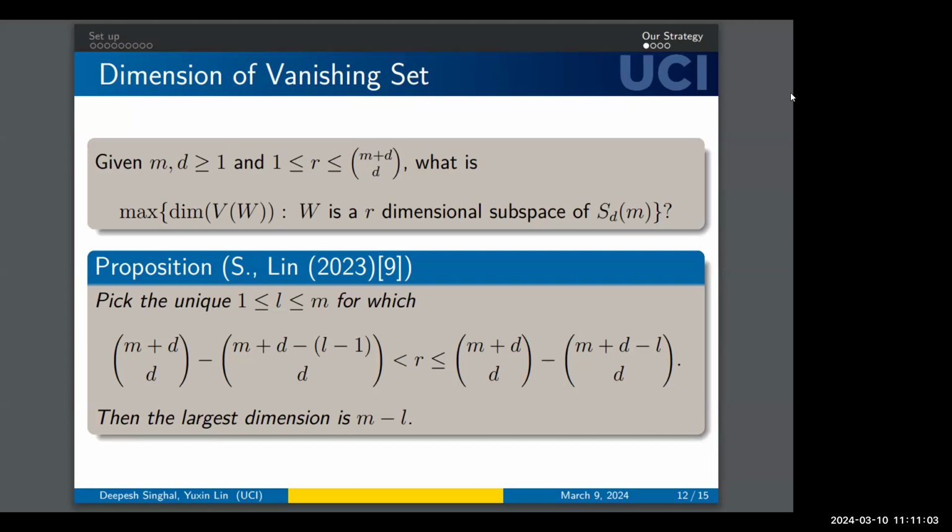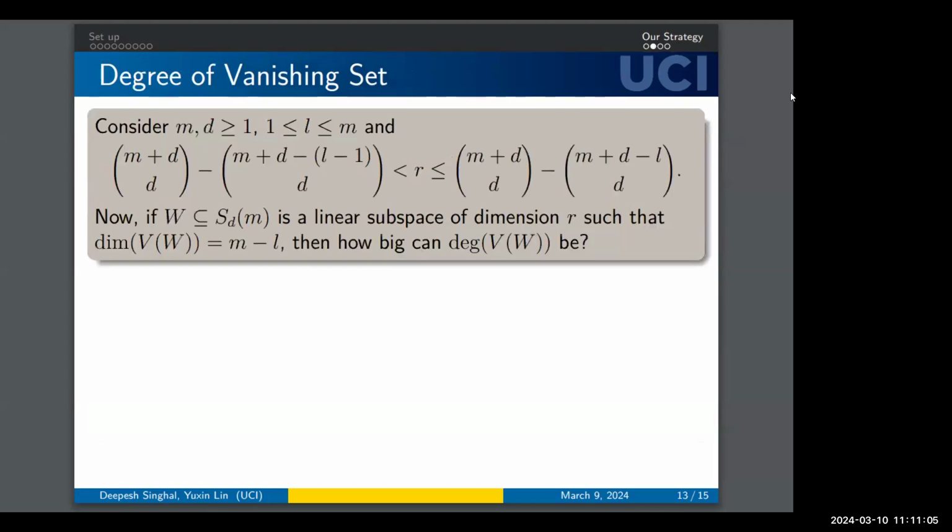And the next thing we ask is for the degree. So we pick R to be in this subinterval corresponding to L, and W varies through R-dimensional subspaces, for which we have dimension M minus L. And then we ask how big can the degree of the vanishing set be.